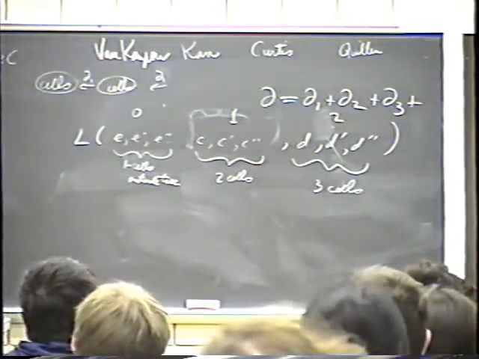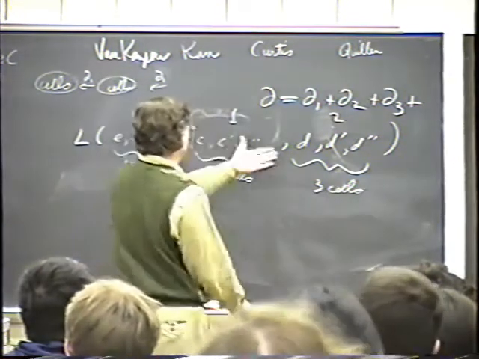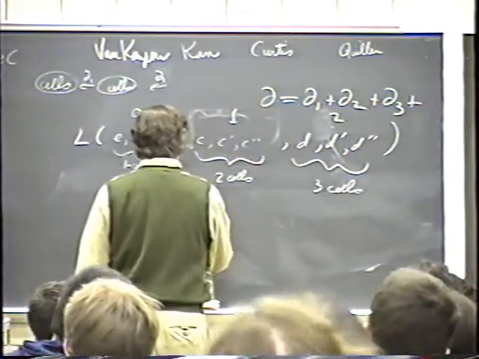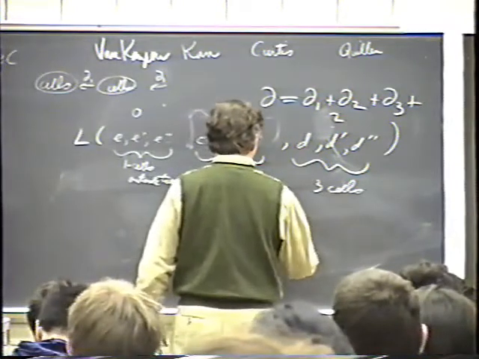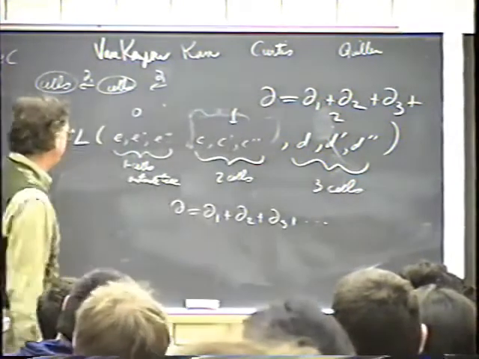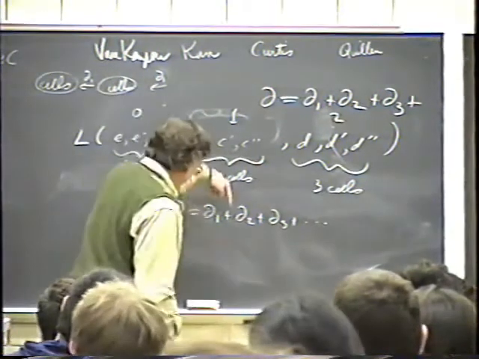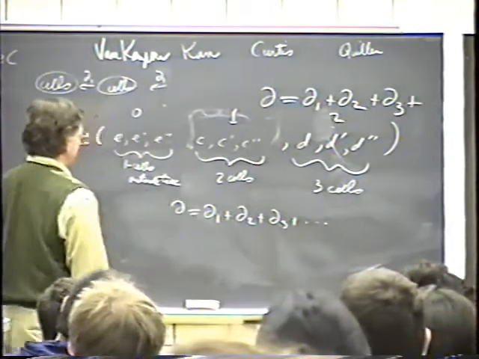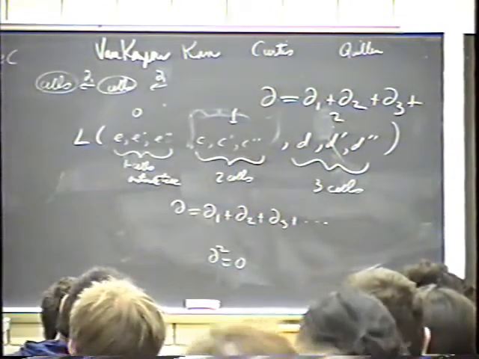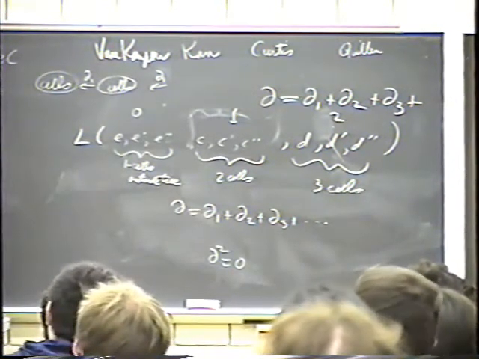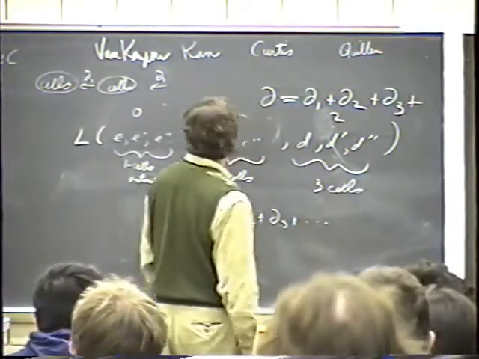And then the claim is that in this model, in this free Lie algebra, there is a differential which has this form. It goes on forever, going deeper and deeper into the bracket structure. It satisfies d squared is equal to 0. I don't say what it means, I just say it exists.